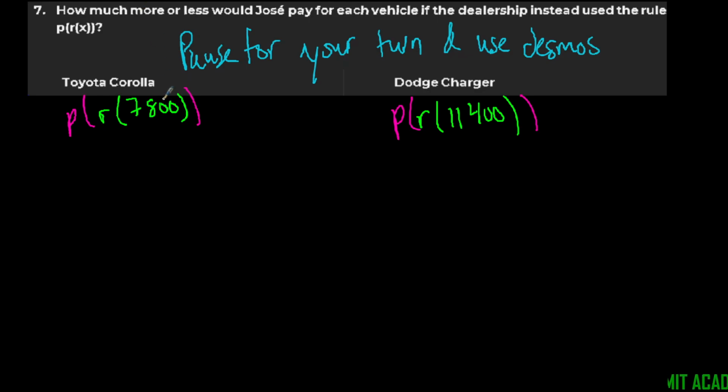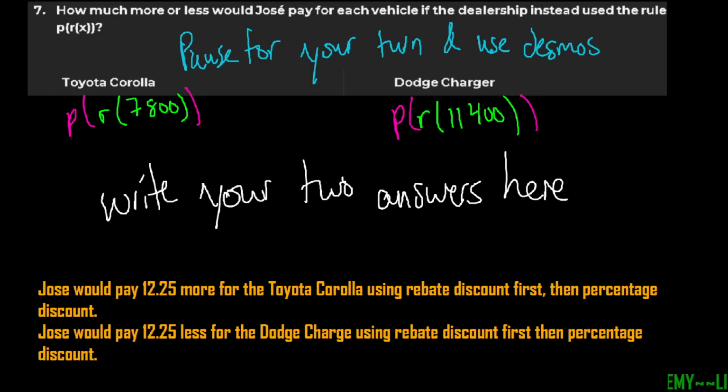All right, so once you get those two answers, what we can say is this. Let me type this in real quick. Make sure you're calculating in Desmos what your two values should be. It should be 7,000 something and 10,000 something for your two respective values. But after that, you're going to say, all right, Jose would pay $12.25 more for the Toyota Corolla using the rebate discount first, then the percentage discount.